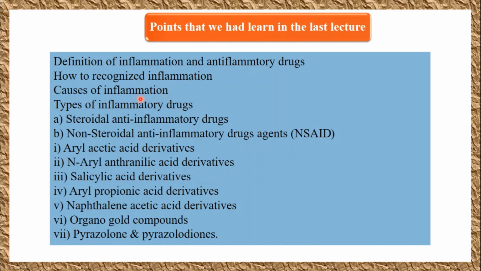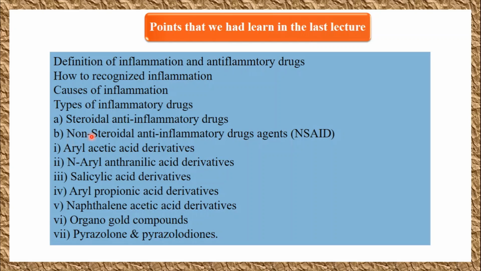Then, in the last lecture we also learned the types of anti-inflammatory drugs. They are classified into two types: steroidal and non-steroidal anti-inflammatory drugs. Under the steroidal class, we learned the examples of prednisolone and betamethasone.